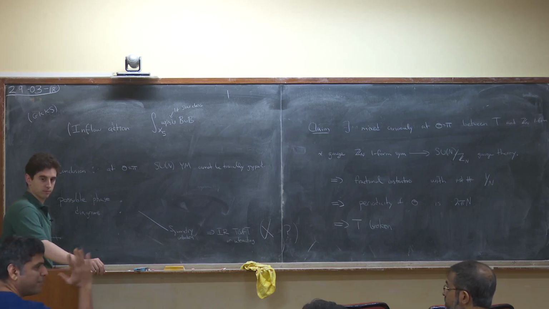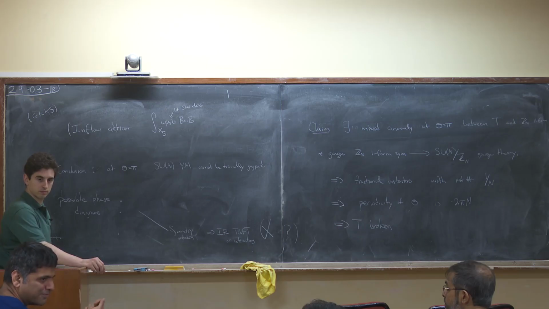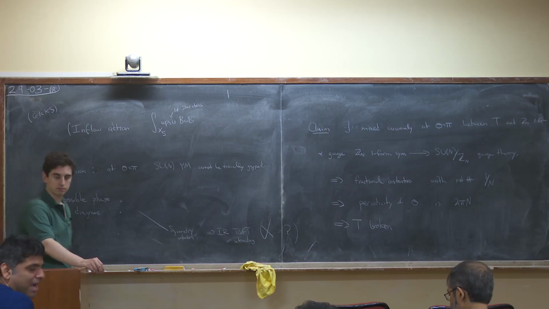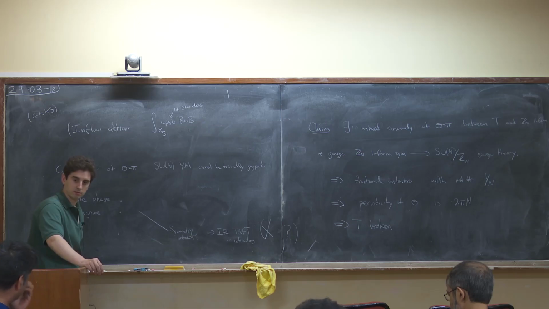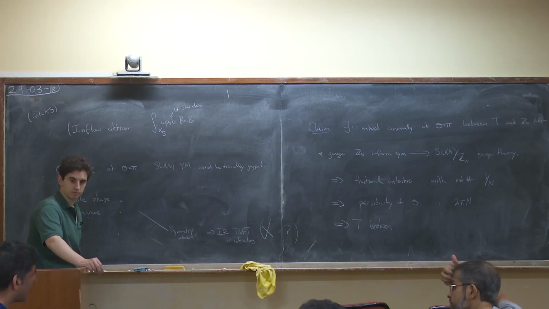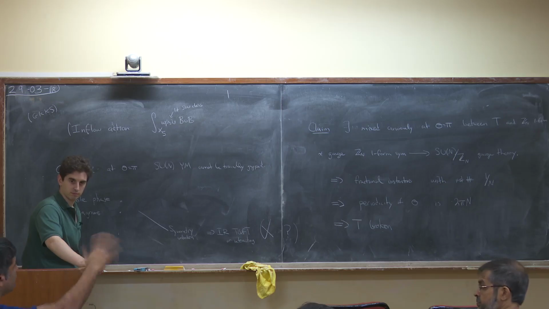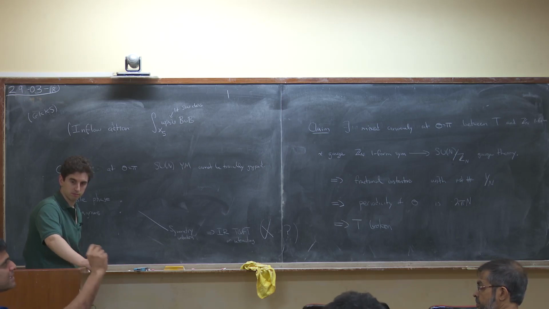There's an old paper from 1960, which starts off by wording this as a paradox. How can you have a theory where the coupling is g squared? If you write this in terms of theta, we've got 1 by g squared and 1 by n.